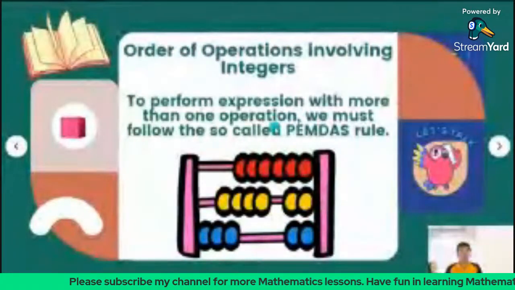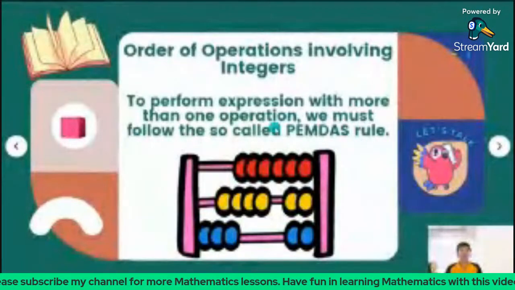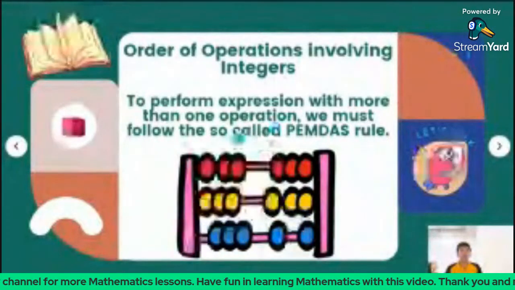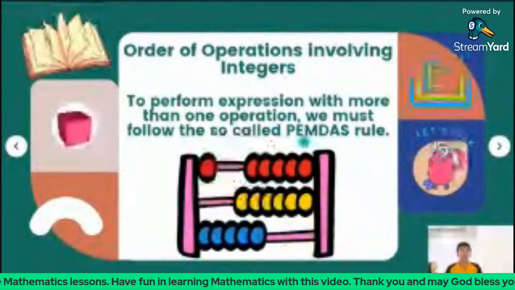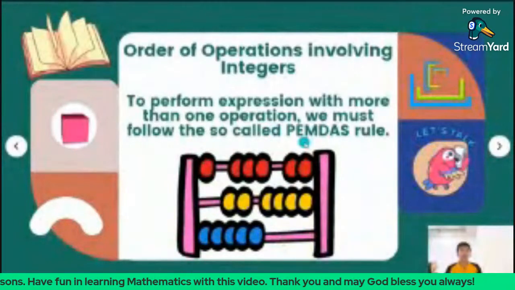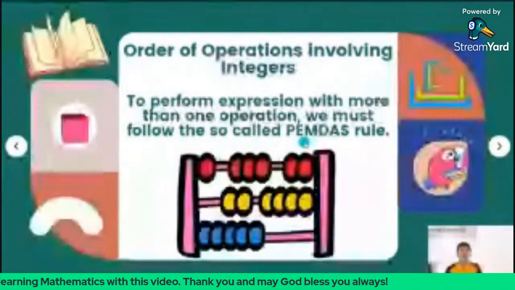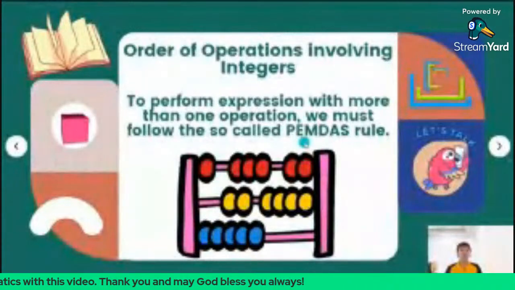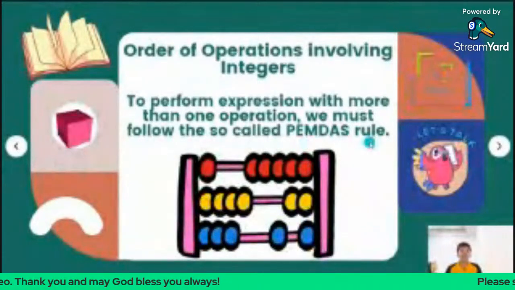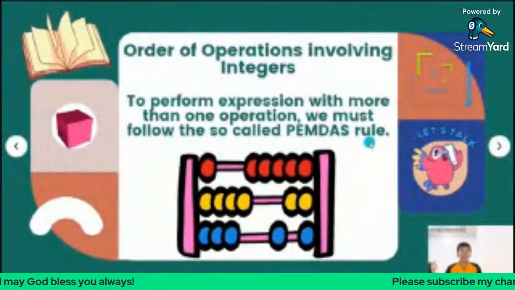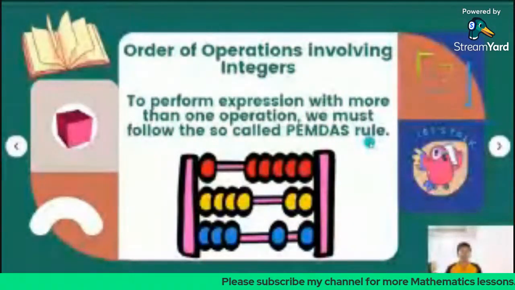Then from the two, exponent and parentheses, from the left side, we can see that the exponent comes first before the parenthesis. So we must execute first the exponent, then followed by the parenthesis and bracket.